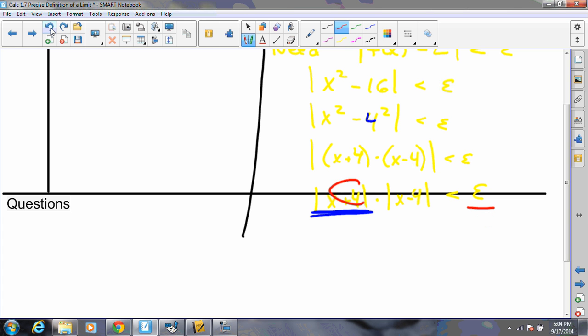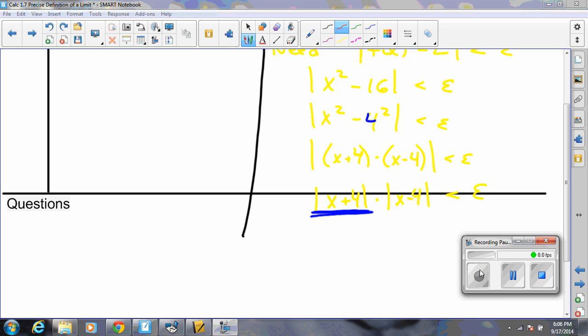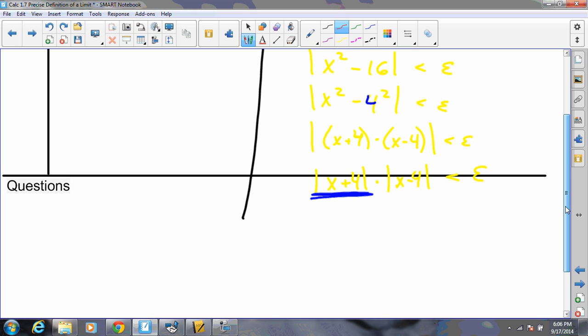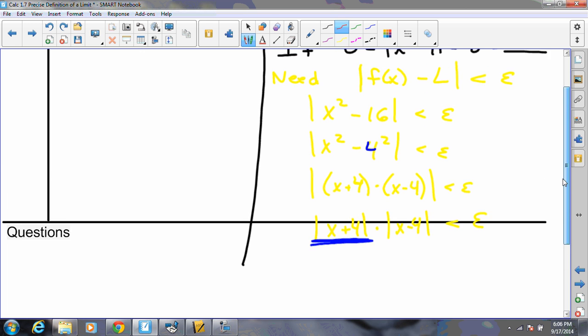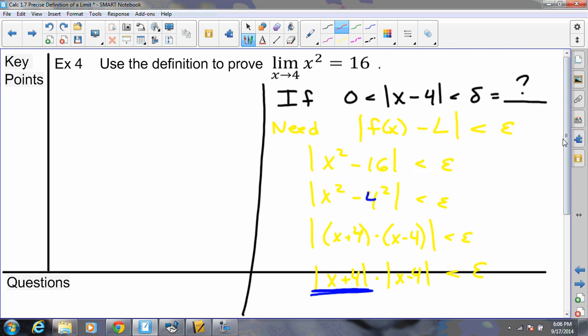In order to do that substitution, though, we're going to have a little bit more algebra to work through. One of the things to keep in mind when we're doing the epsilon-delta definition is that we are only concerned with x values that are right near our 4.